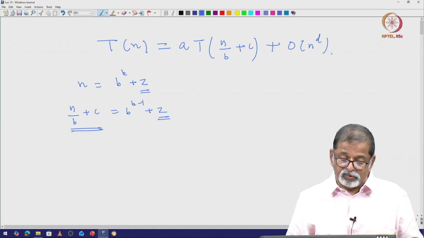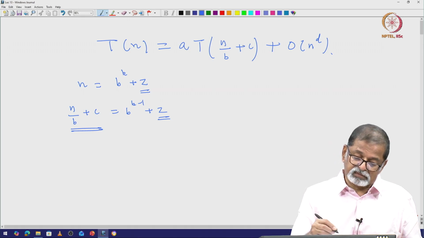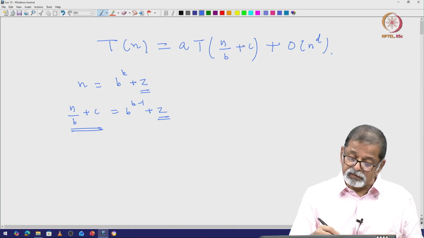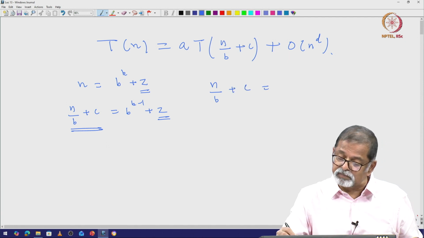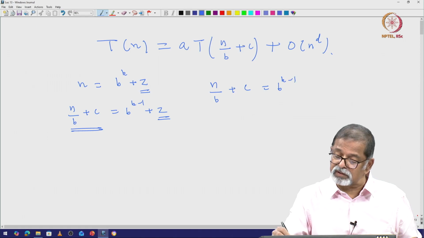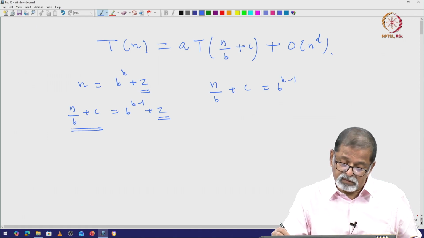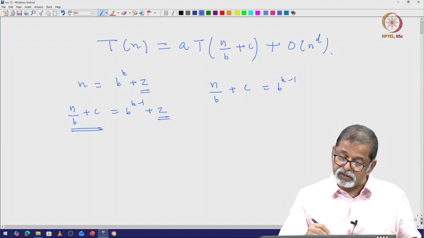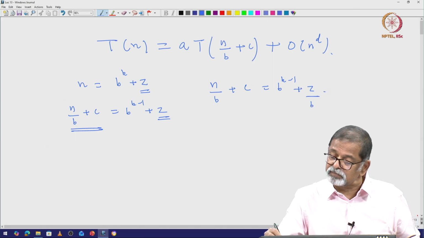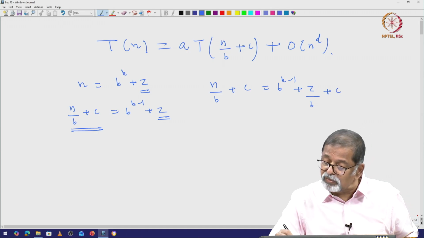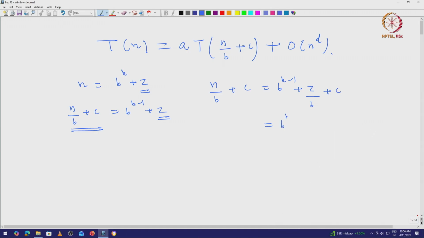So, what I want is that if you look at n by b plus c, it will be b power k minus 1 plus z by b plus c, and I want this to be b power k minus 1 plus z.